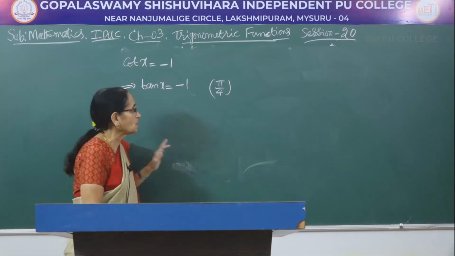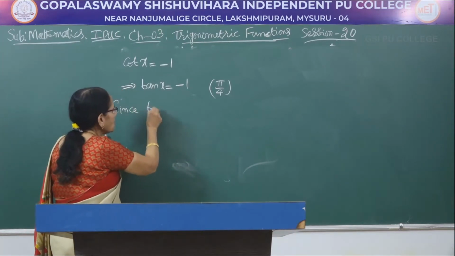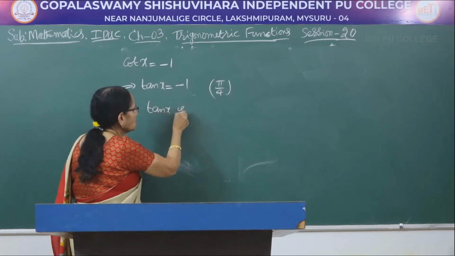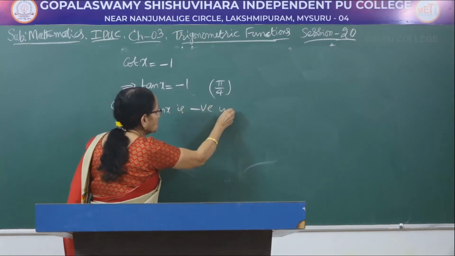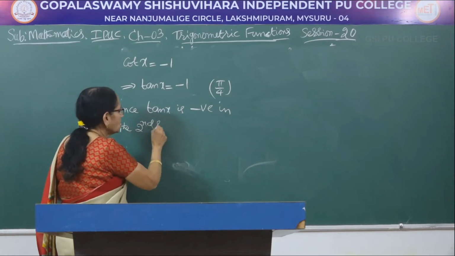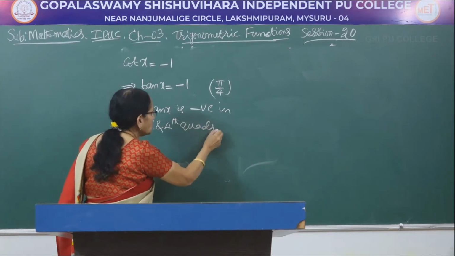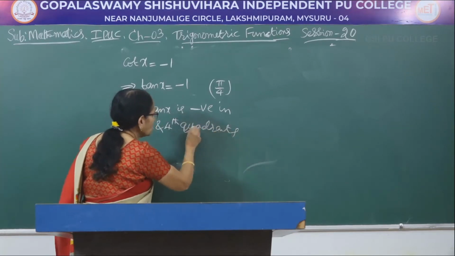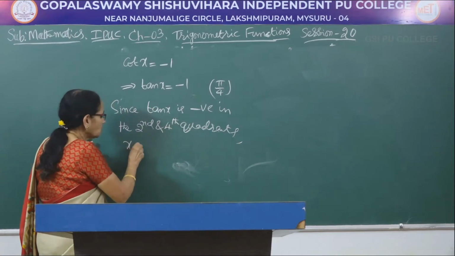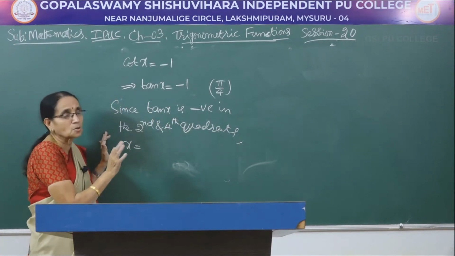So, let me take the values. First, we write the reason here. Since tan x is negative in the second and fourth quadrants, x would be equal to, I have given the reason why we are considering these values.